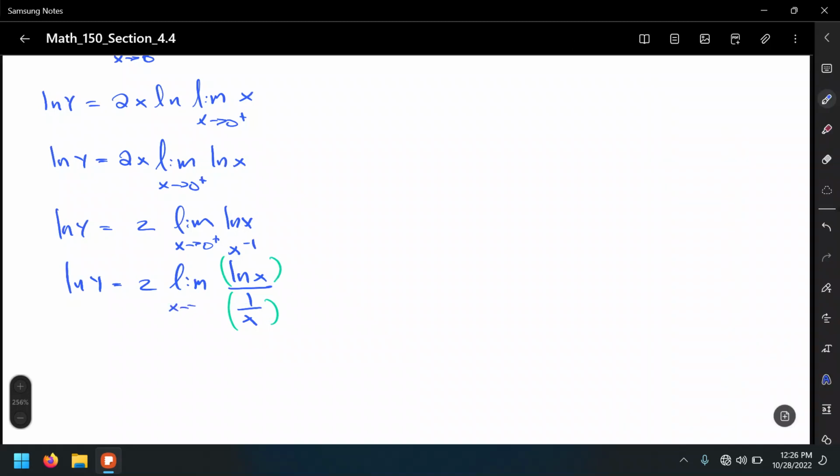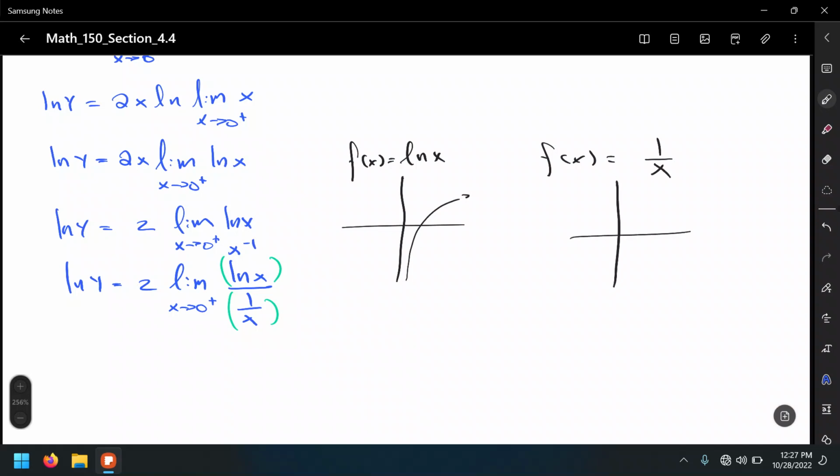So x approaching 0 from the right. Let's analyze the graph of f of x equals ln of x, and the graph of f of x equals 1 over x. This is the graph of ln of x, and this graph right here is 1 over x.